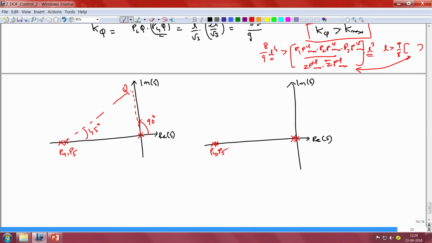What is going to be the consequence of having two lumped poles near the origin? We would have these two lumped poles if our plant was a fourth order plant and we had just two controller zeros. Then we note that in the vicinity of these two lumped poles, each of these poles subtend an angle of minus 90 degrees, and hence the two together subtend an angle of close to minus 180 degrees.